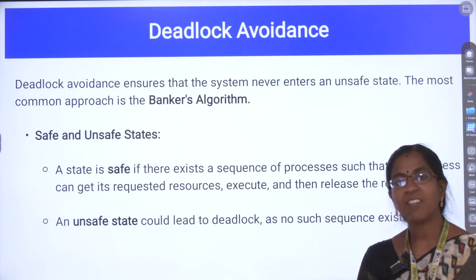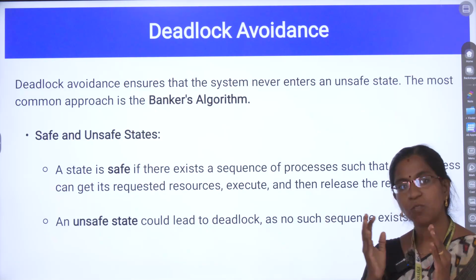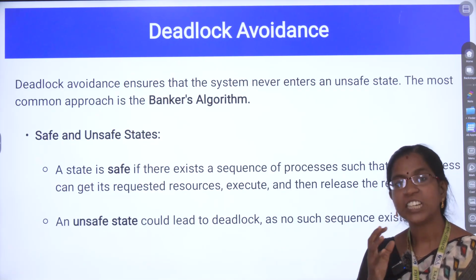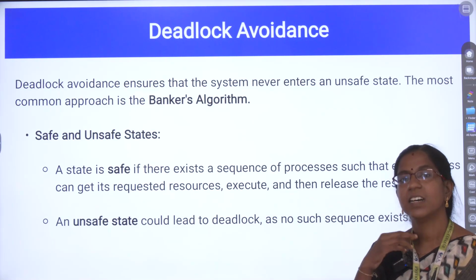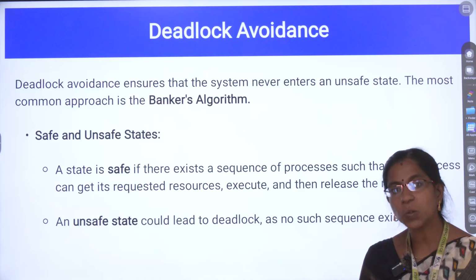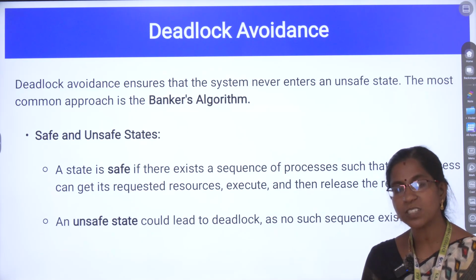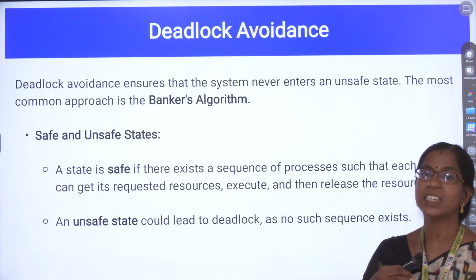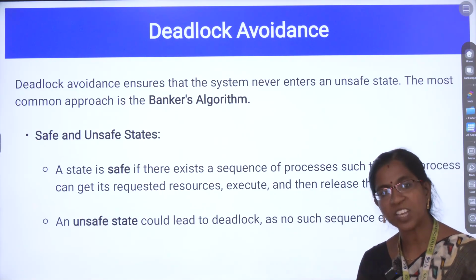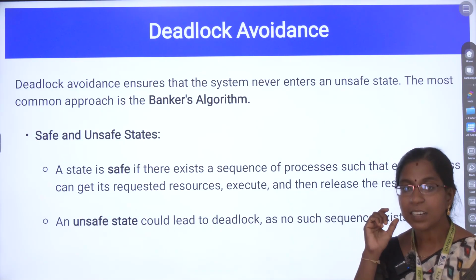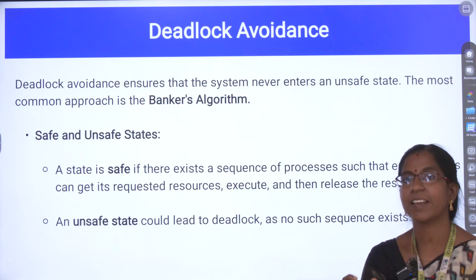If I have a set of processes, and process P1 can get all the requested resources, execute, utilize all the resources, and after utilizing them release the resources, then process P1 is said to be in a safe state.